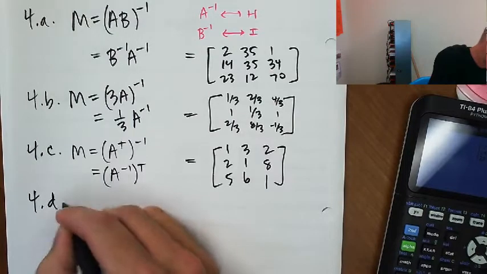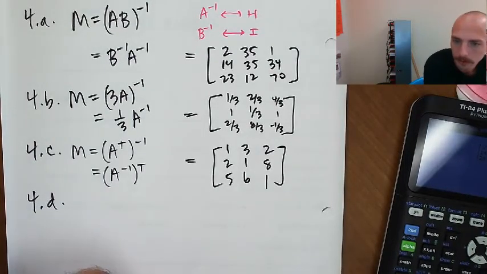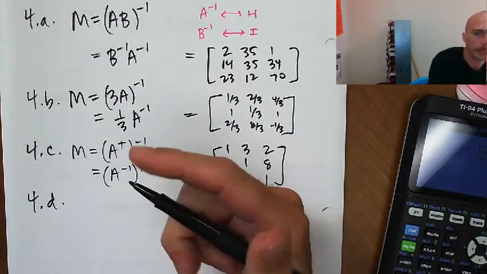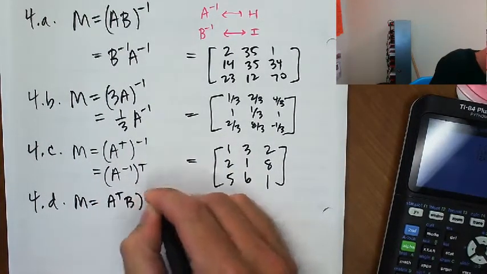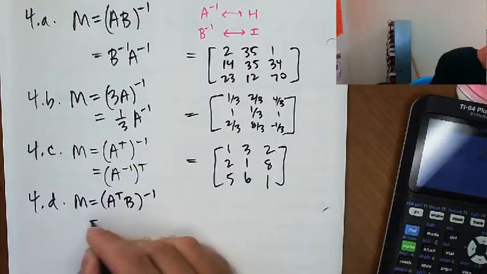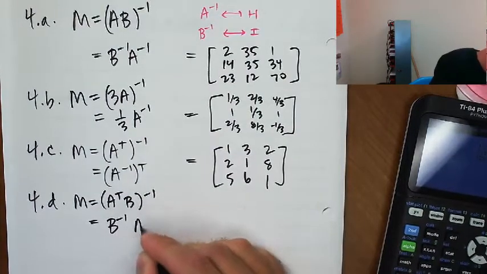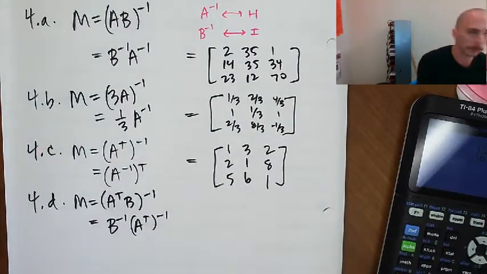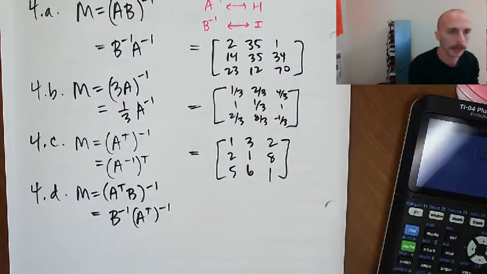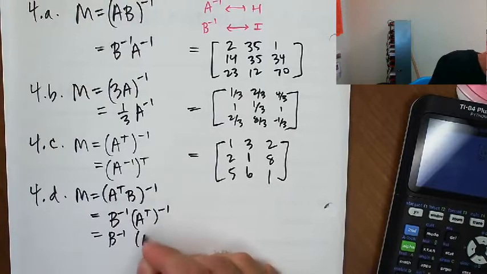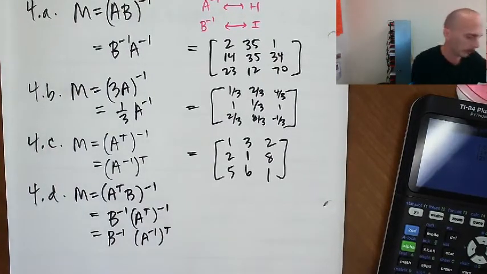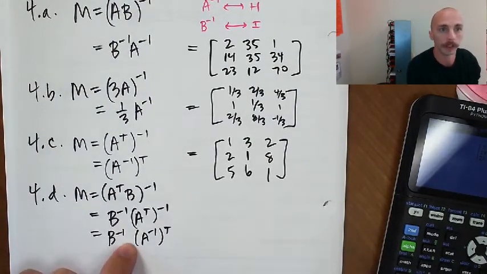All right, for D. M is A transpose B inverse. Okay, so that's going to be B inverse A transpose inverse. Okay. And that's the same as B inverse times A inverse transpose. So on the calculator, you can still see that.